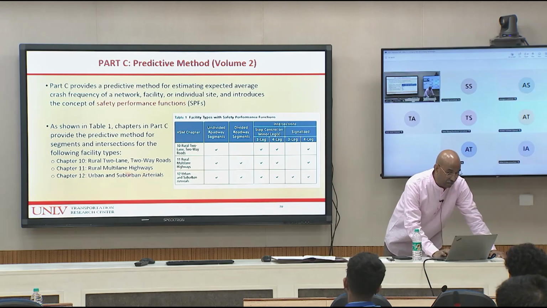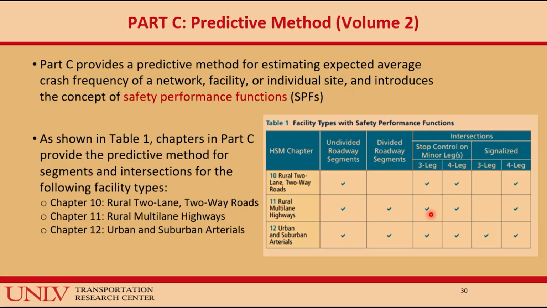The next, chapter 11, is rural multi-lane highways. So multi-lane highways could be either undivided or divided, and once again you have stop control on the minor approach, 3-leg, 4-leg, or signalized on 4-leg. And then chapter 12 is for urban and suburban context, arterials.